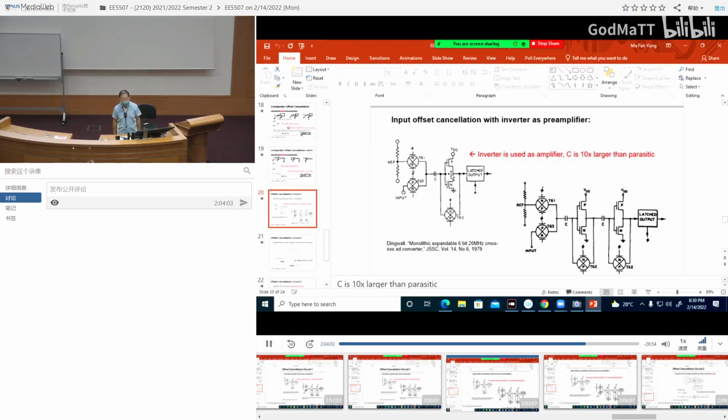So it looks like an equivalent offset. If there's nothing else you learn from this course, just learn that every transistor is different. They're not exactly the same.